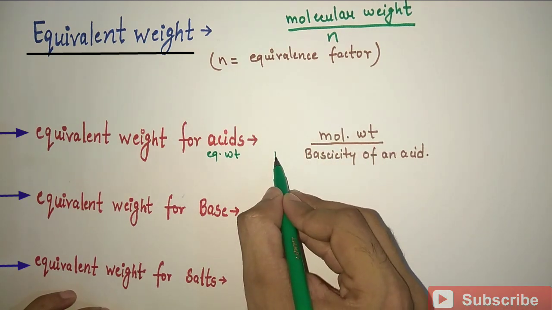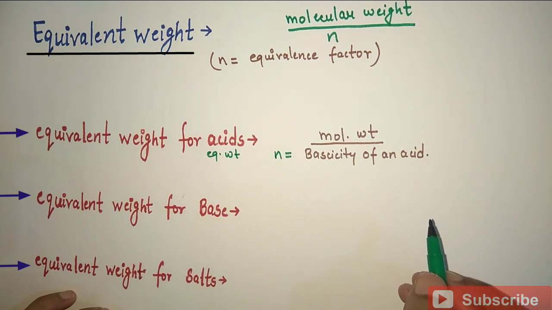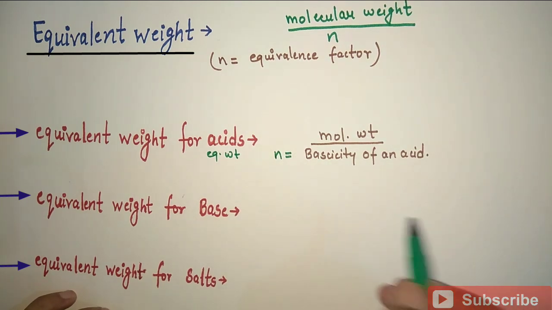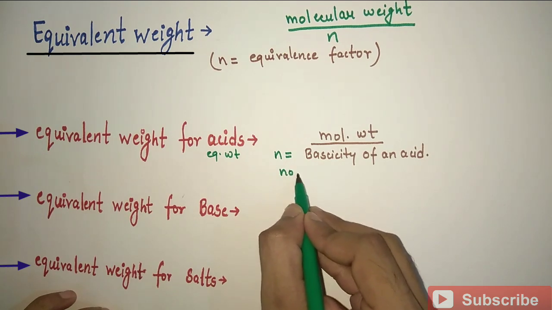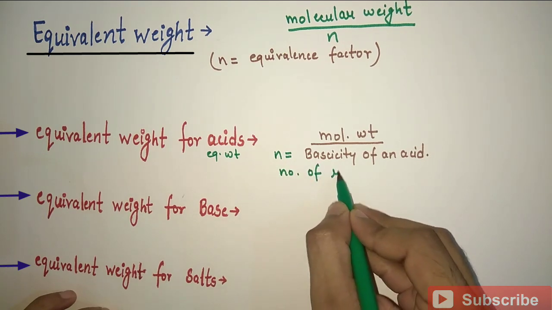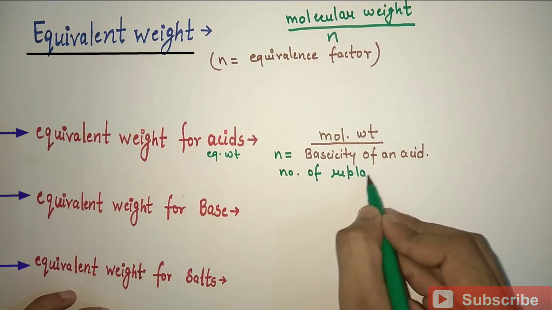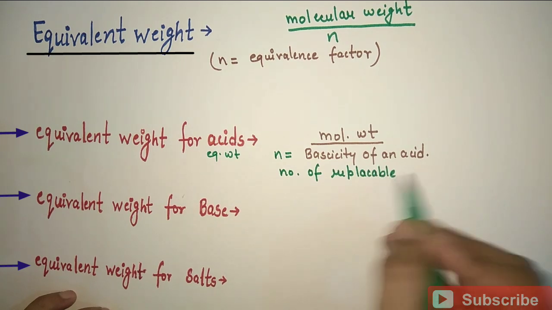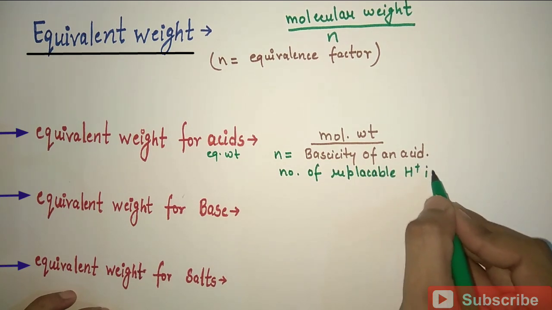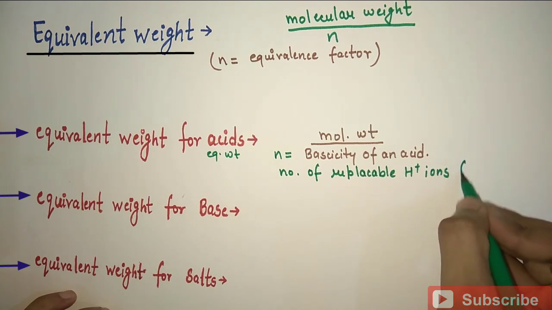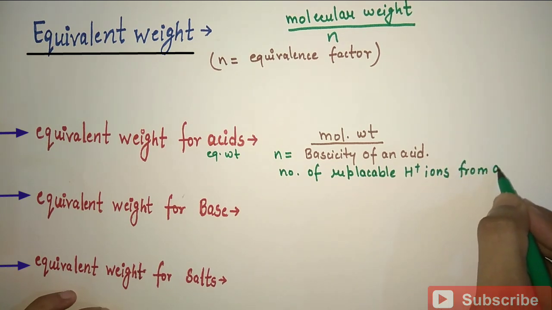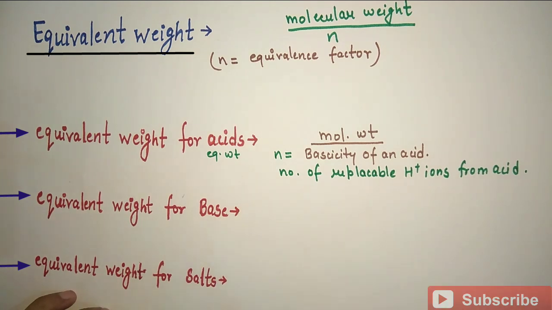So in this case, N is the basicity of the acid. And what is basicity of an acid? It is the number of replaceable H plus ions from the acid. So this is the formula for equivalent weight for acids.